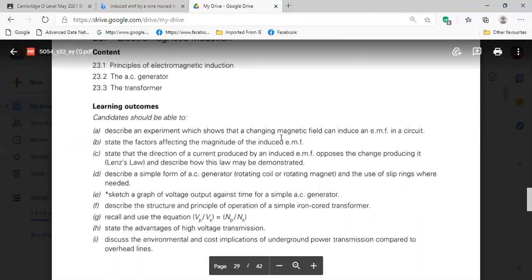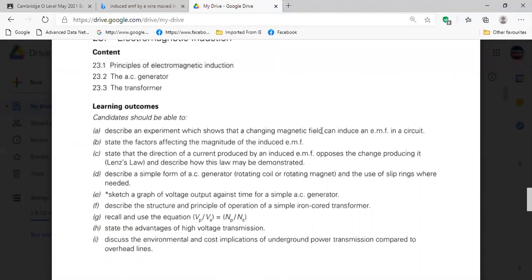So changing magnetic field means magnetic field lines are cut, right? Yes. Then state the factors affecting the magnitude of the induced EMF. We also did that, right? So these two learning outcomes are done. Yes, sir.